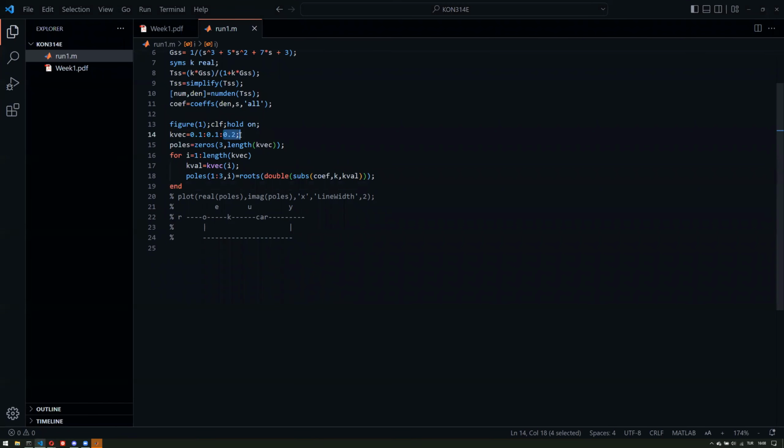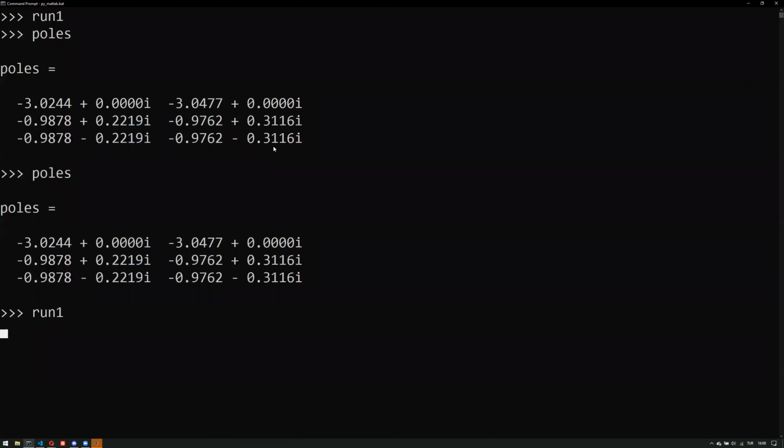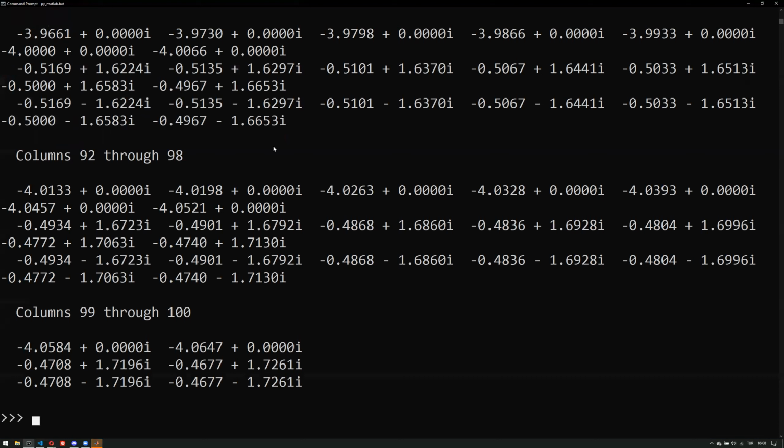So that will get rid of that. So let's see. You can see that -3 has ended up being at -4, whereas the other ones are here.